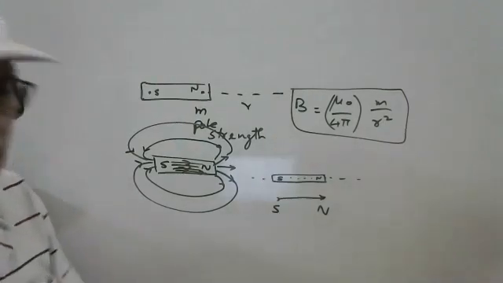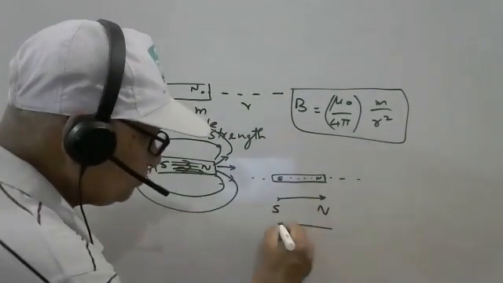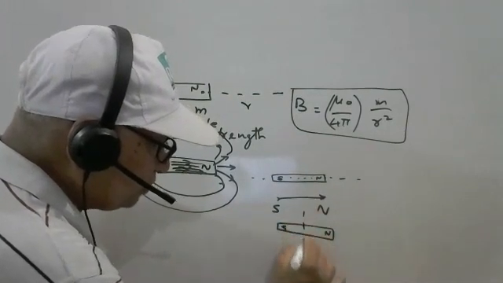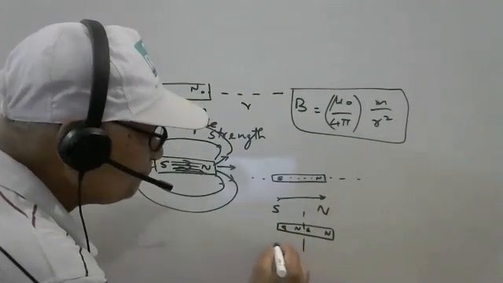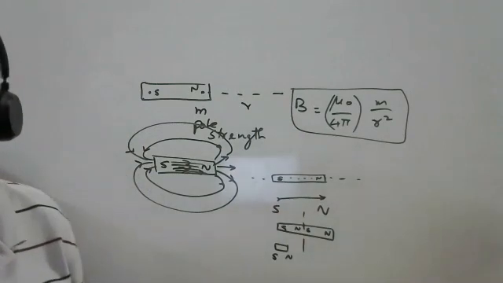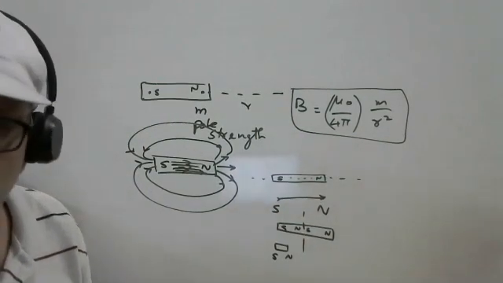Suppose you cut it, then what will happen? A north pole, south pole magnet, if you cut it, gives a south pole and north pole, and if you cut further here, it will again become north pole, south pole. It means we cannot have a single pole.